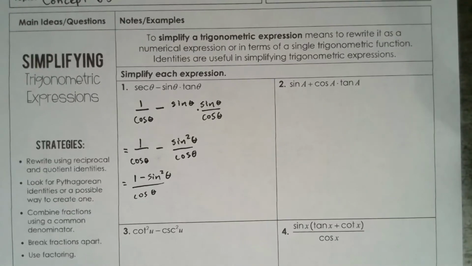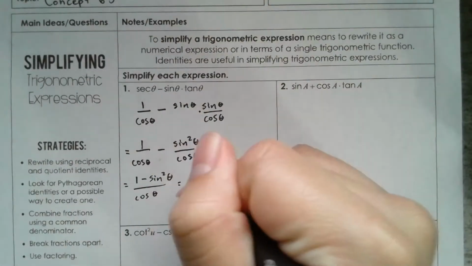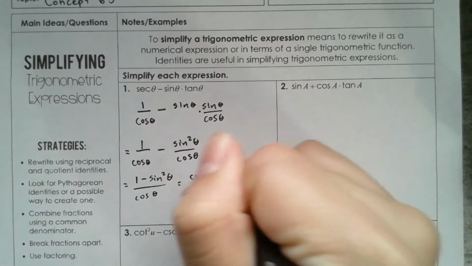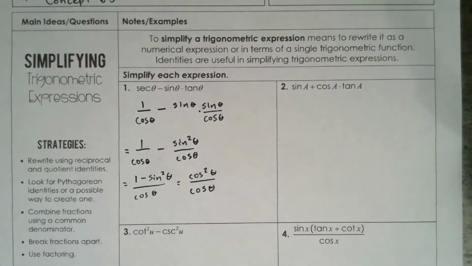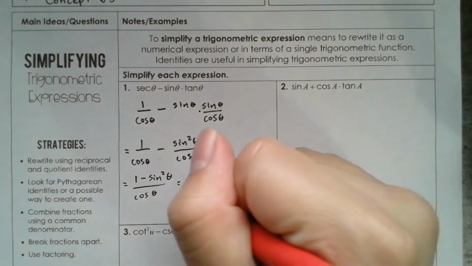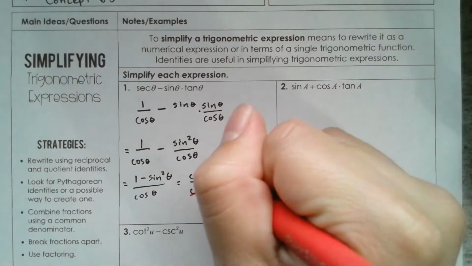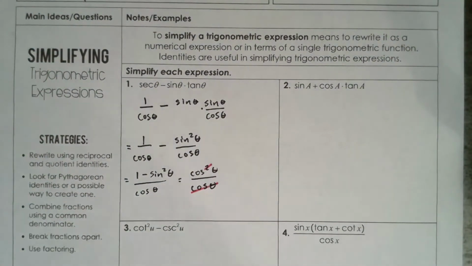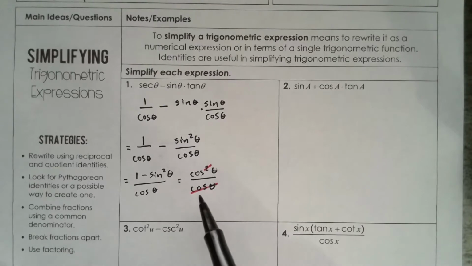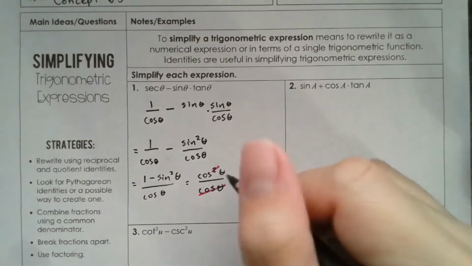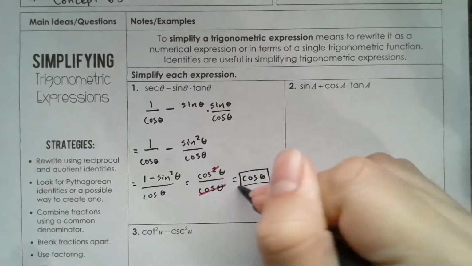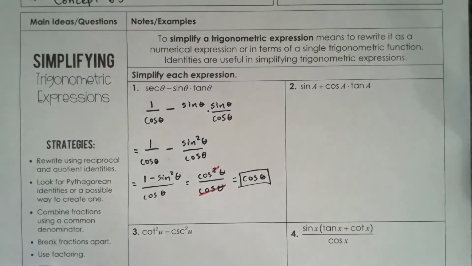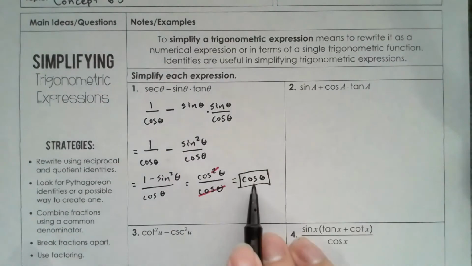So I can say then the top is cosine squared theta over cosine theta. So then I can cancel these, cosine theta on the bottom with 1 on top. This is like having x squared over x, right? 1 x goes away from top and bottom. And so then your answer is cosine theta. That means this is just cosine theta.